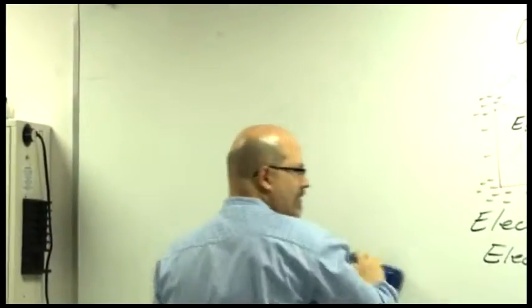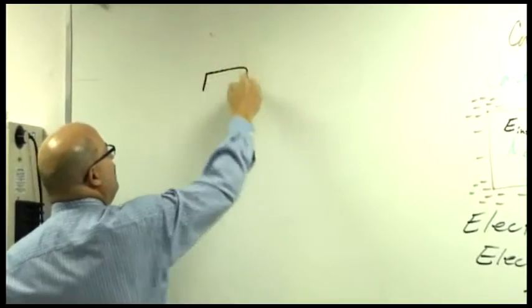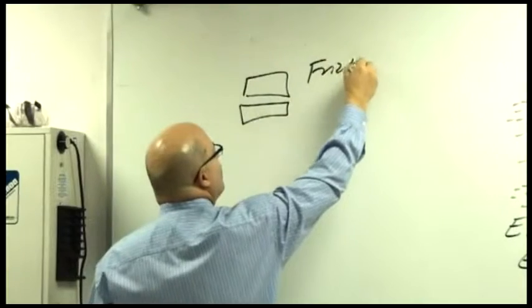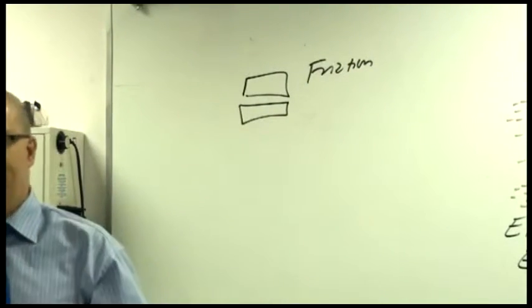Okay, last thing before we get into numbers. Induction. Do you remember the process of induction? Okay, we have 3 ways to charge an object. The first way is called friction. You take 2 objects that have a different affinity for electrons.